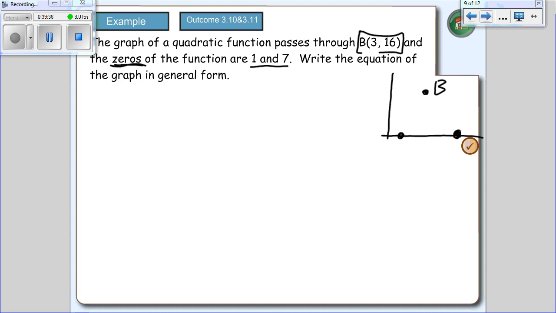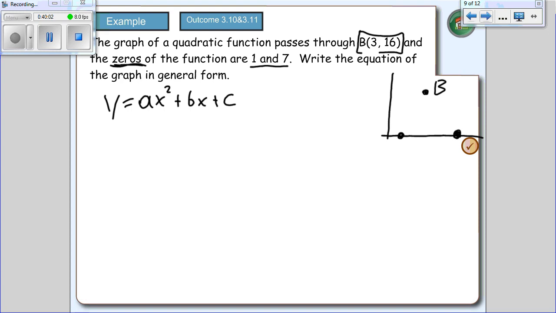Now here's the thing: you're never going to get general form given to you nicely. You always have to start in a different form and get to general form. What form should we start in with the information we have? Factored, because you have your x-intercepts.